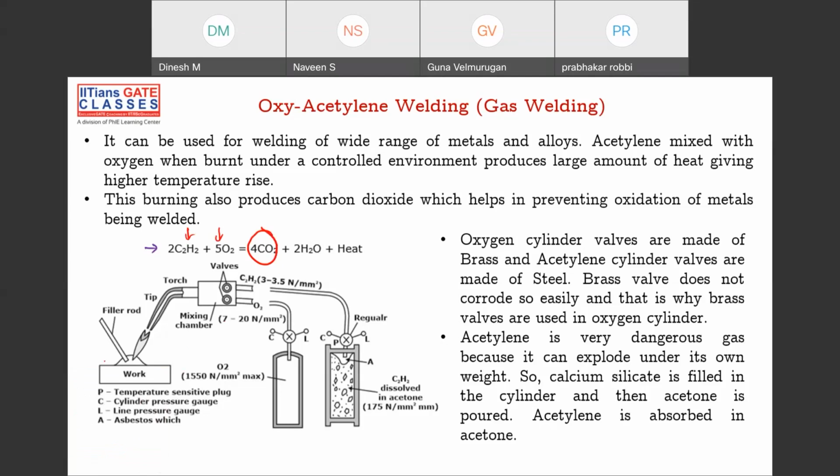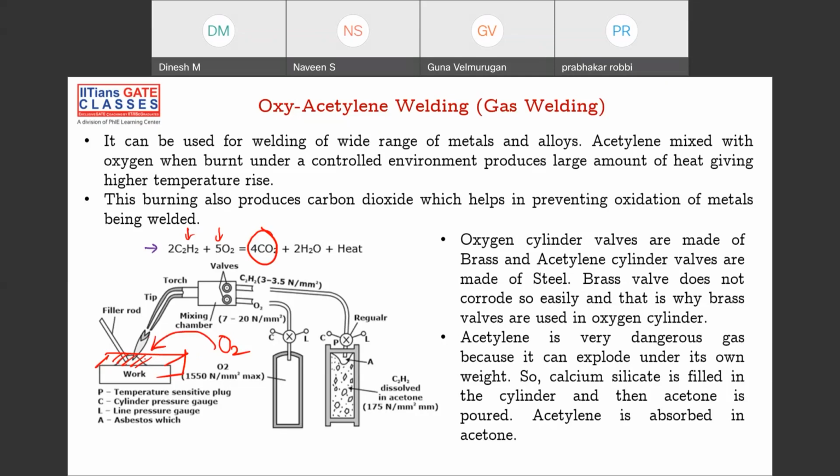Why? Because if you're heating the workpiece, the workpiece is heated, and some atmospheric oxygen is there. Obviously, some atmospheric oxygen will be there. And once the metal is heated, the atmospheric oxygen will come and attack the fresh workpiece metal, the liquid metal, because oxygen has this tendency to oxidize the material, and it is very high at high temperatures, right?